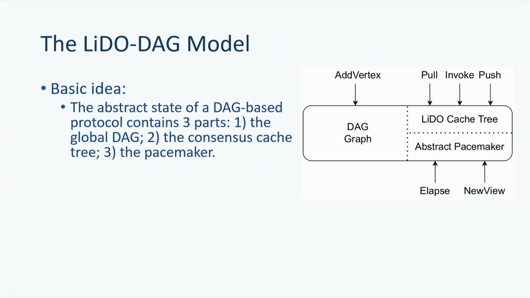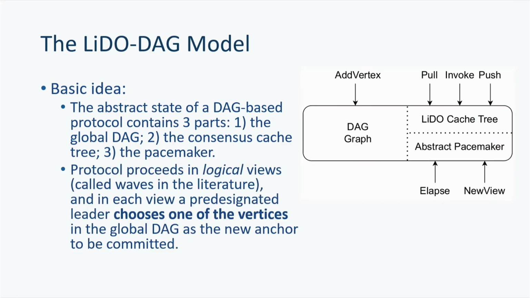Now, the idea of the LiDO-DAG model is as follows. In the DAG-based protocols, we still have this view succession, but these are logical views. These protocols don't explicitly introduce the idea of views, so they are logical. And in each logical view, there's still a pre-designated leader.